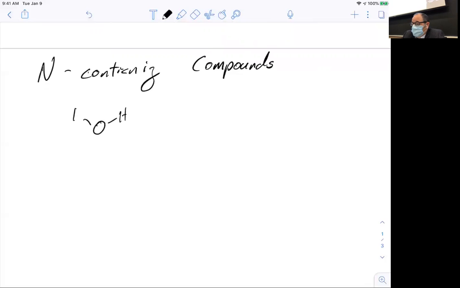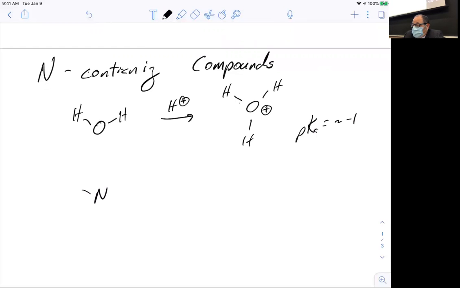If we think about water picking up a proton, we end up with a pKa around 1, around -1, around 0. If we look at a nitrogen containing compound like an amine, again, we have the lone pair. Here we had 2 lone pairs.